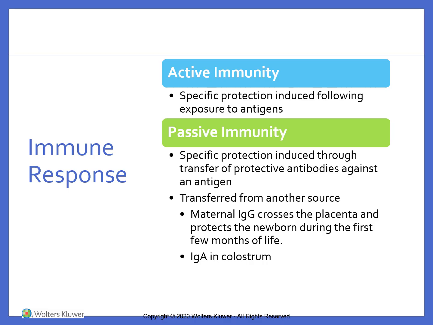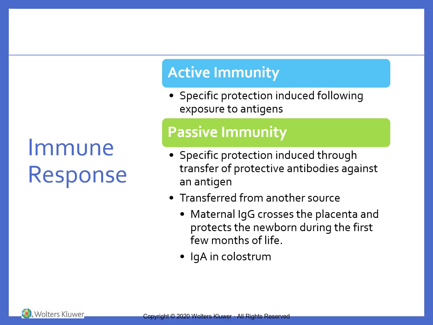So within the immune response as well, we have both active immunity and passive immunity. Active immunity response is a specific protection induced by that exposure to antigens. But in passive immunity, this is when specific protections are induced through transfer of protective antibodies against an antigen.